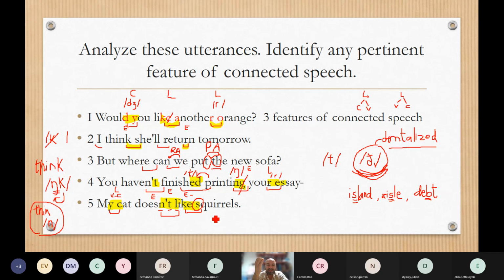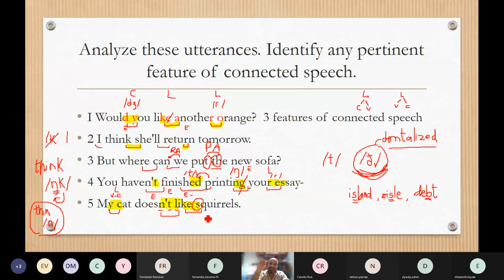Like squirrels. My cat doesn't like squirrels. My tongue does not go all the way down to the front part in the alveolar ridge. It gets stuck in the middle, in the hard palate. It's not pronounced in the velum, like the previous sound.